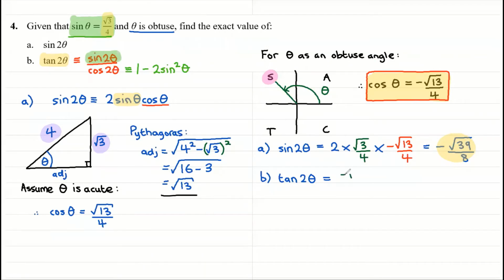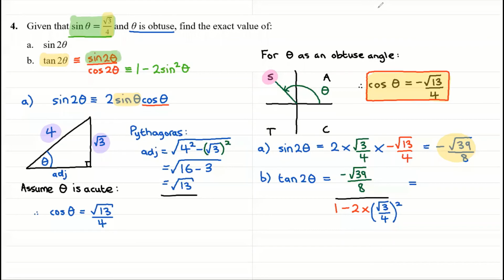So that's going to be negative root 39 over 8 divided by 1 subtract 2 lots of sine squared. So that's going to be 1 subtract 2 multiplied by the square of root 3 over 4. You could just bung all this into your calculator, and that will give us the final answer.